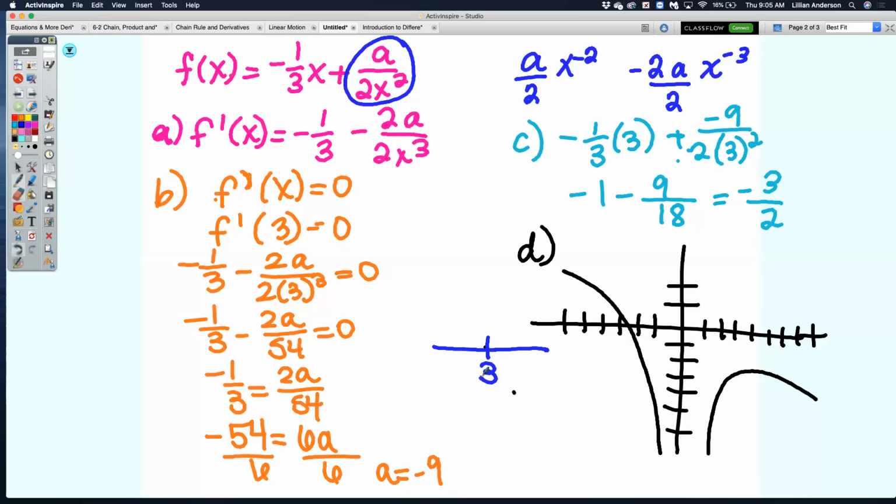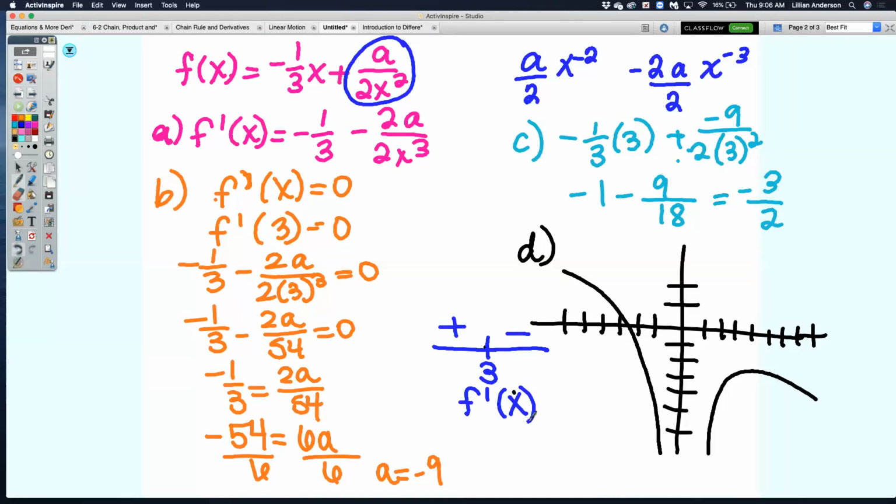If I have a maximum at 3, that means the sign diagram goes how? What on the left, what on the right? Positive on the left and negative on the right. So plus, minus. This is my sign diagram from my first derivative.